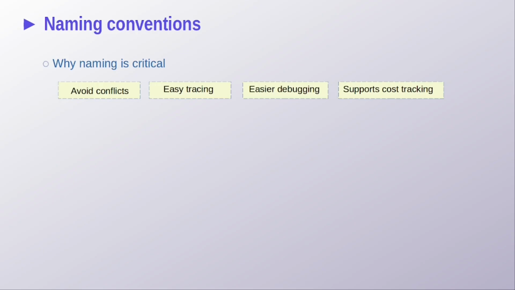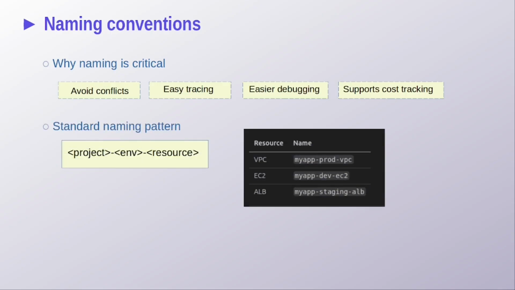Good naming helps you avoid conflicts, identify resources quickly, debug faster, and track costs correctly. Bad naming leads to confusion, mistakes, and higher cloud bills. Standard naming pattern: a very common pattern is that from the name alone, you already know which project, which environment, and what resource.